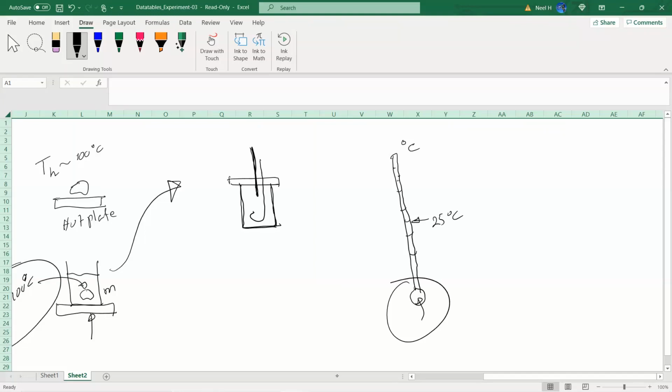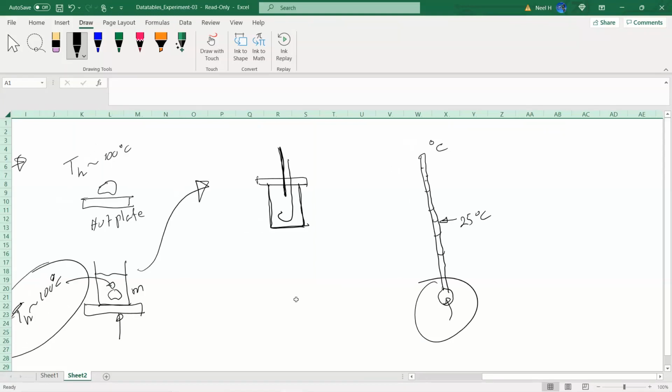But there's error associated with that, because these thermometers are not really good for this kind of experiment. If we could use a thermocouple, it's much better, but for this particular setup, in the in-person class, we don't have a thermocouple to use. So that's a little bit of a challenge, but usually we get fairly decent results.